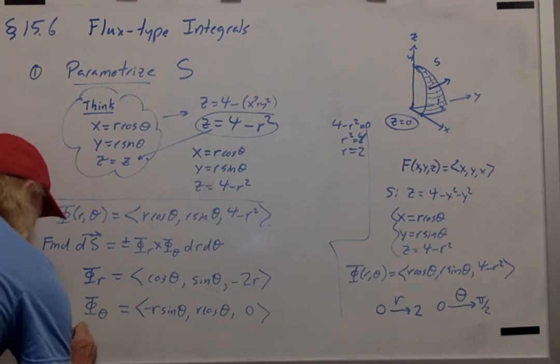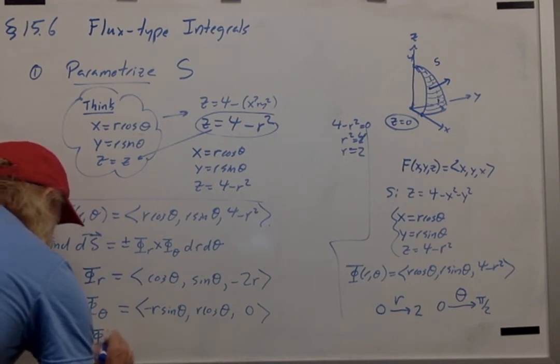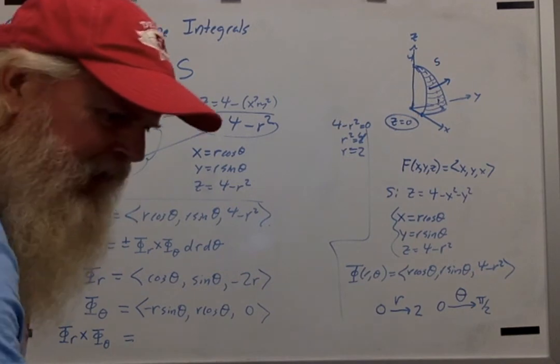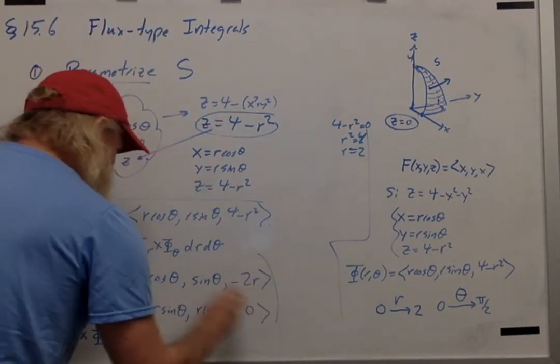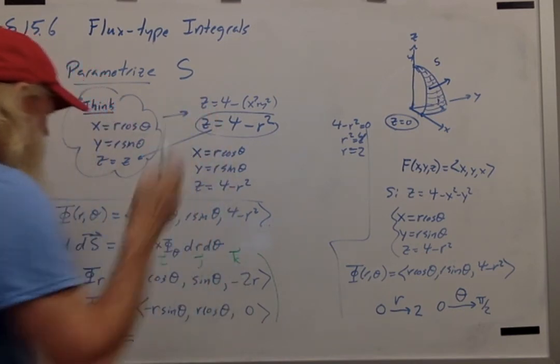I think I can fit the cross product down here. d phi dr crossed with d phi d theta, I can find by taking the determinant of this matrix if I put i, j, k on top.